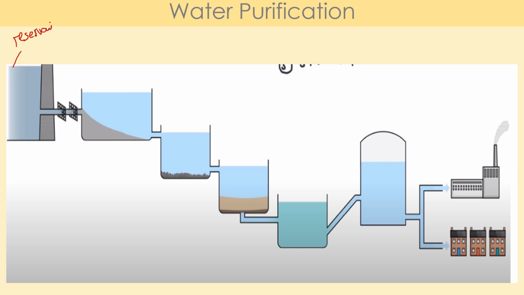This is just a large body of water that is stored, and it's where we get our water from. We then take it out and we treat it. So our first step here, we've got these large metal grids. And this is our step 1, which is filtration.